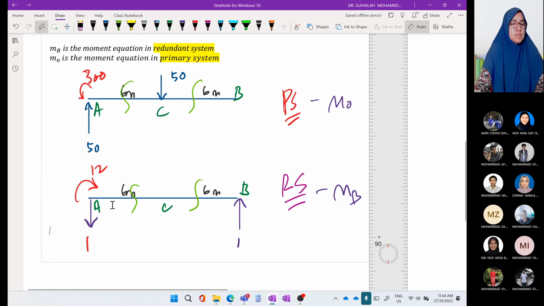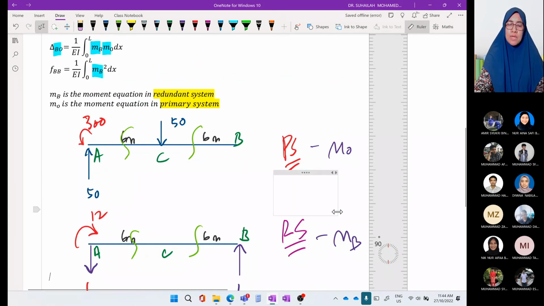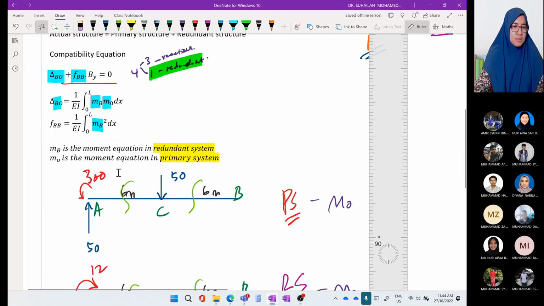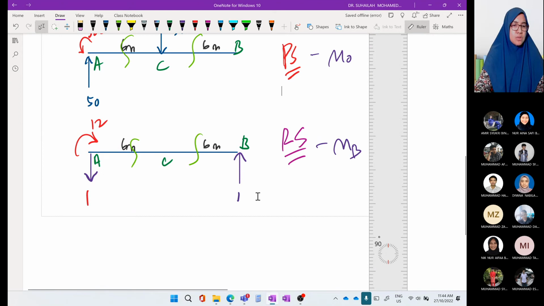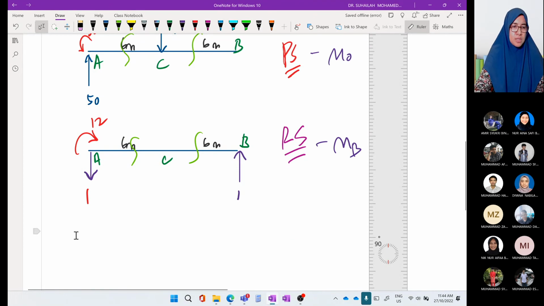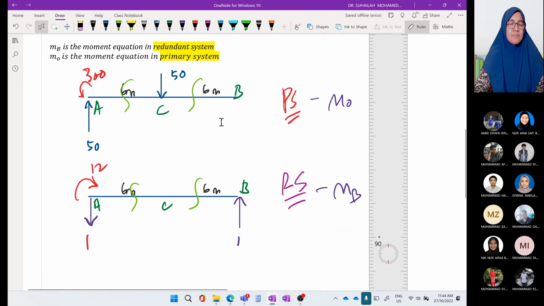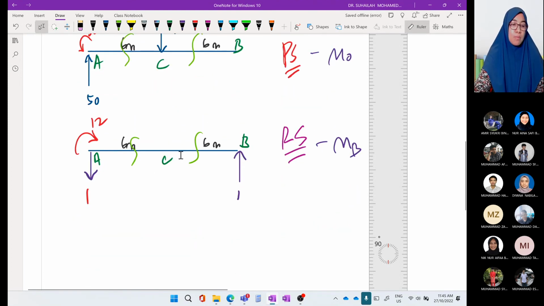What we want is the moment equation to be the input in the equation. So next is the moment equation. Since we have more than one cutting section, we normally summarize in table form.